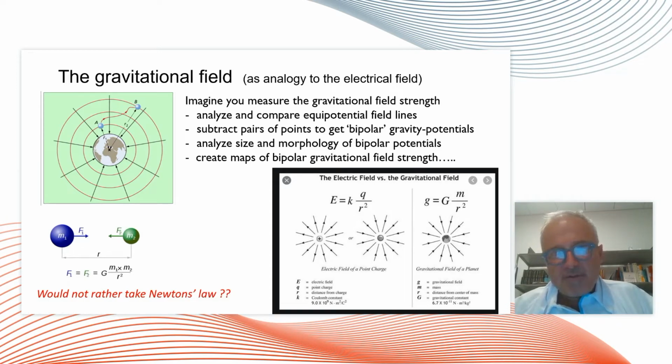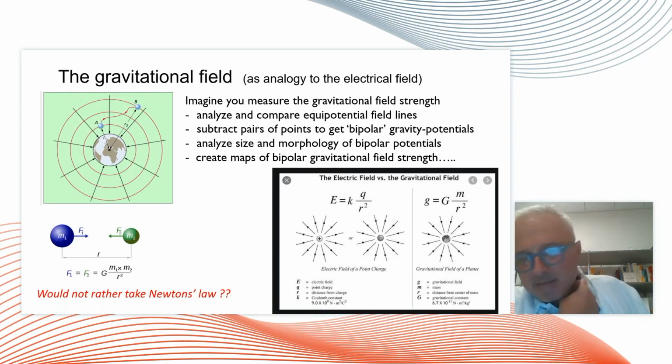Imagine that we would subtract pairs of these equipotential field lines and work with bipolar gravity potentials. Can you imagine that? That would be very, very complex and very illogical. And then we would analyze the size of these bipolar gravity potentials and create maps of that. That's not what everybody does.